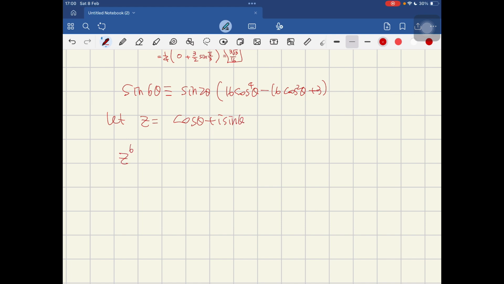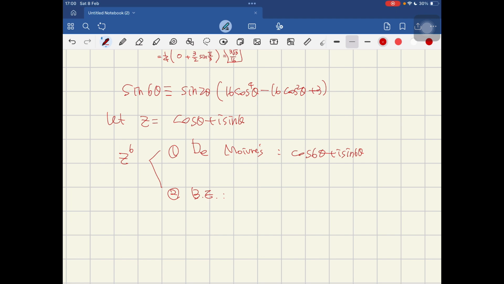I will find z to the power of 6 two different ways. The first one is de Moivre, and the second is binomial expansion. De Moivre is simple: cos 6 theta plus i sine 6 theta.